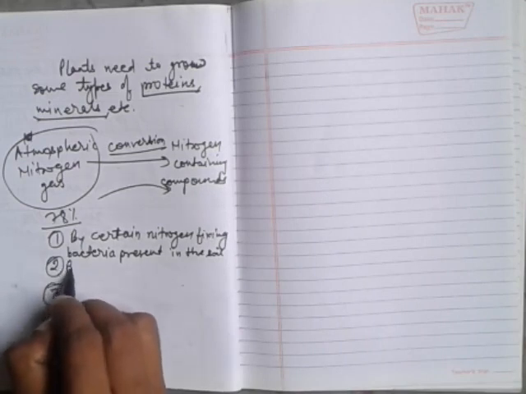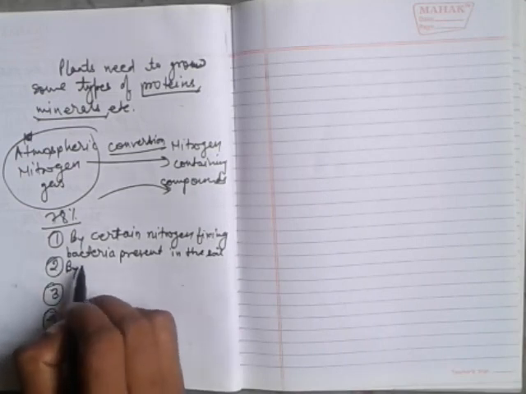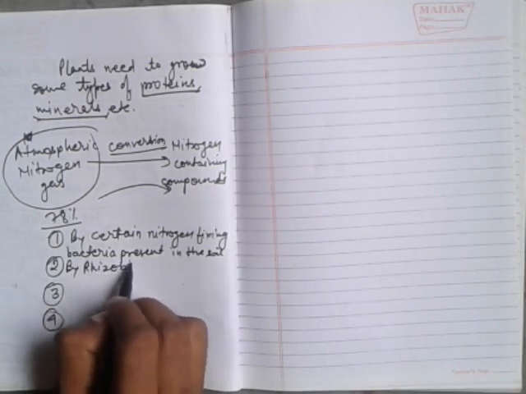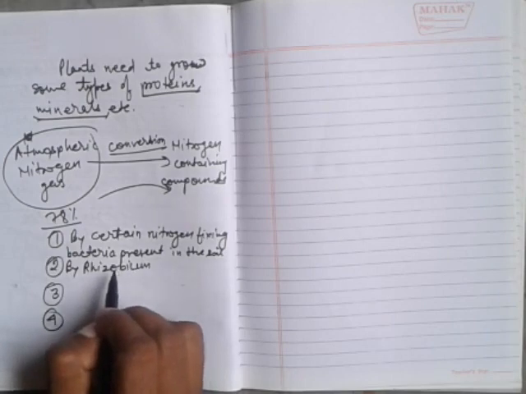and also by a bacteria called Rhizobium bacteria, which is present only in leguminous plants.